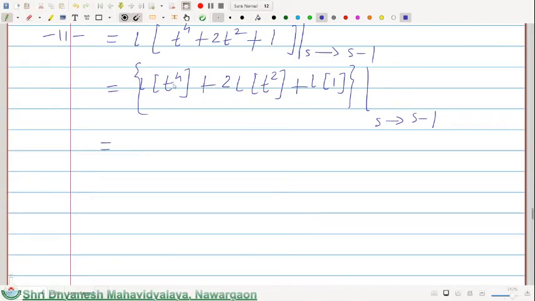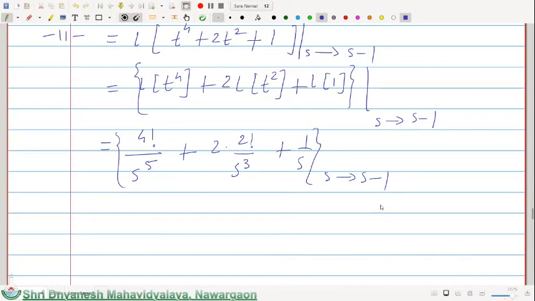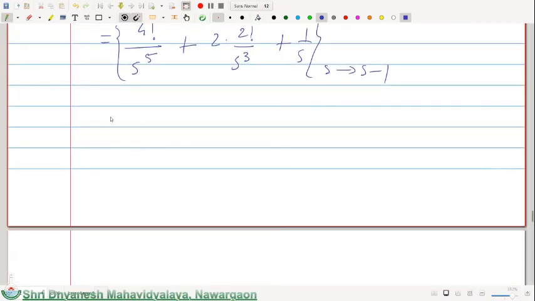Next, what is the Laplace transform of t power 4? It is 4 factorial upon s to the power 4 plus 1, that is 5, plus 2 into 2 factorial upon s power 3, plus 1 upon s. S will change to s minus 1 later. So what is 4 factorial?